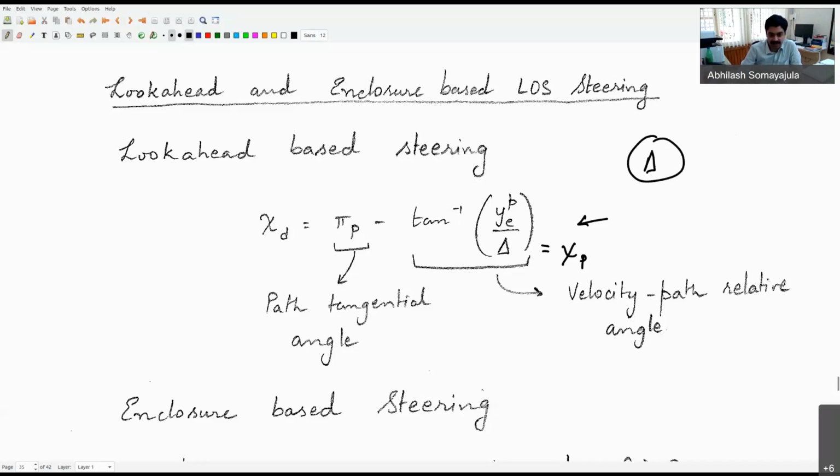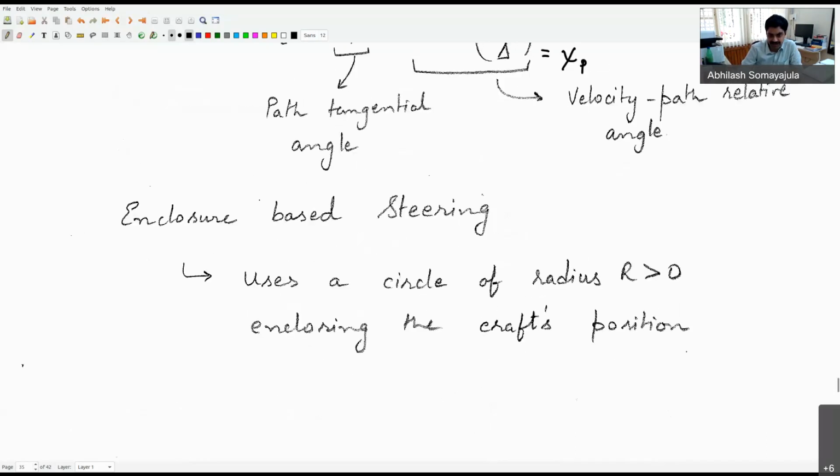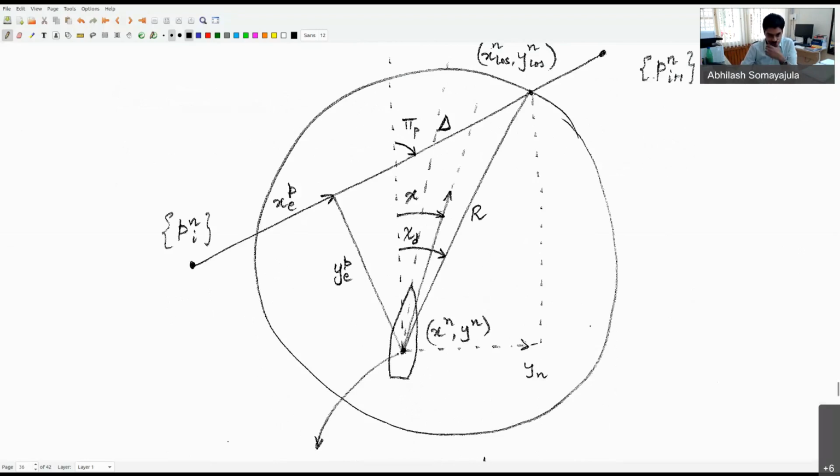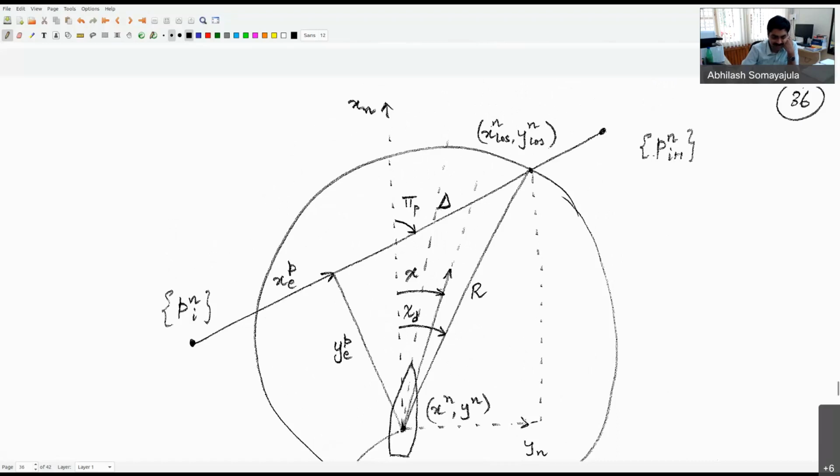Whereas when we are looking at an enclosure-based guidance scheme, we are actually specifying a circle of a certain radius. So we are specifying a circle of some radius r greater than 0, where the center of the circle is basically the craft's position. And we want to see that if we choose a large enough circle, it will intersect the line connecting the two waypoints at two points.